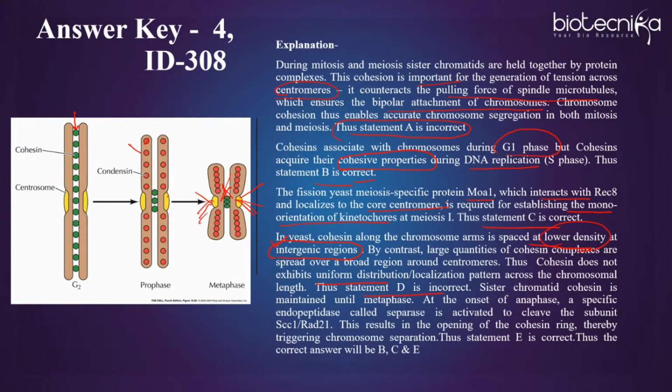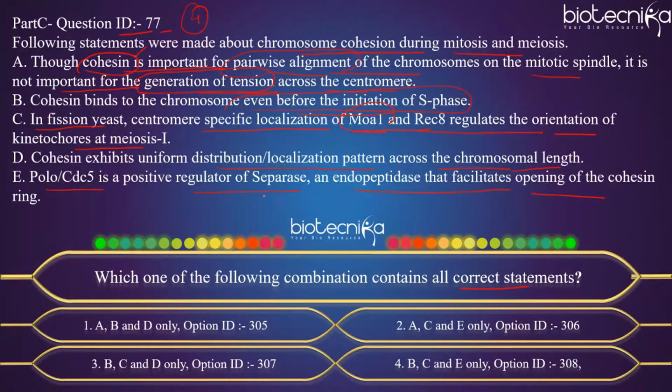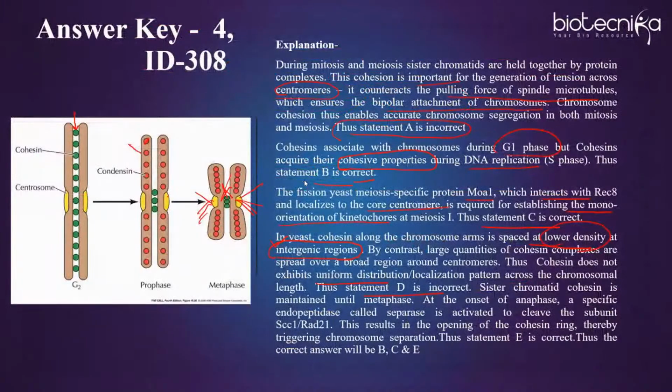Clear? Then coming to statement E, where Polo or CDC5 is a positive regulator of separase. Now, separase is a very important protein. Why? Because what it does, it helps in cleaving. At the onset of anaphase, an endopeptidase called separase is activated to cleave the subunits SCC1 and RAD21.